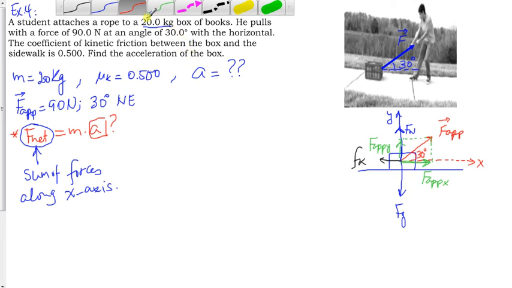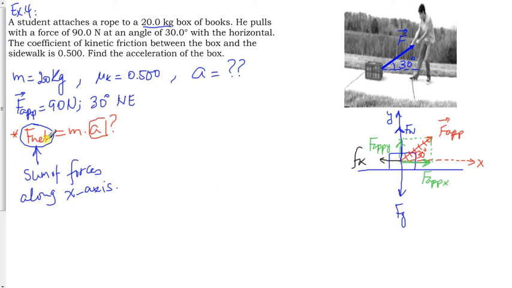Okay, so F applied, now we can forget about it. It has been replaced by F applied x and F applied y. So now instead of having 4 forces, I have 1, 2, 3, 4, 5 forces: Fk, F applied x, Fn, F applied y, Fg. Two of them are along x, three along y.